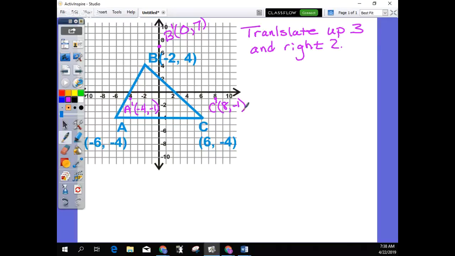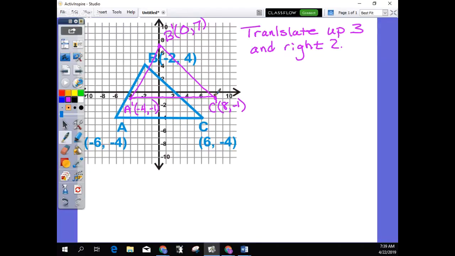Now we're going to connect those all up, and that's going to make the new shape. We connect these up like that, and now we have an exact copy of the triangle.